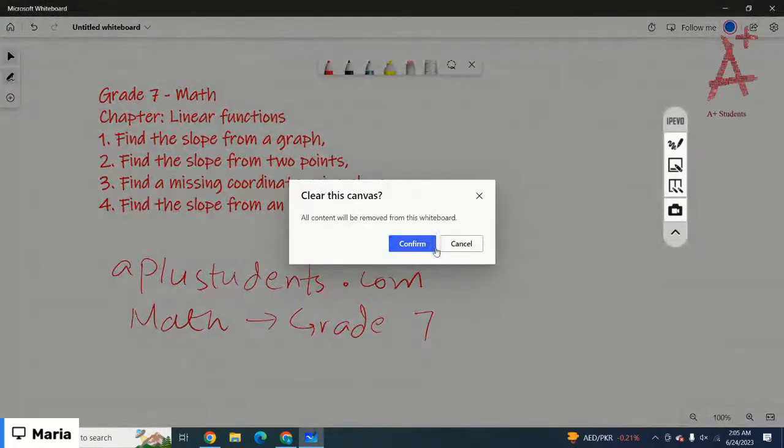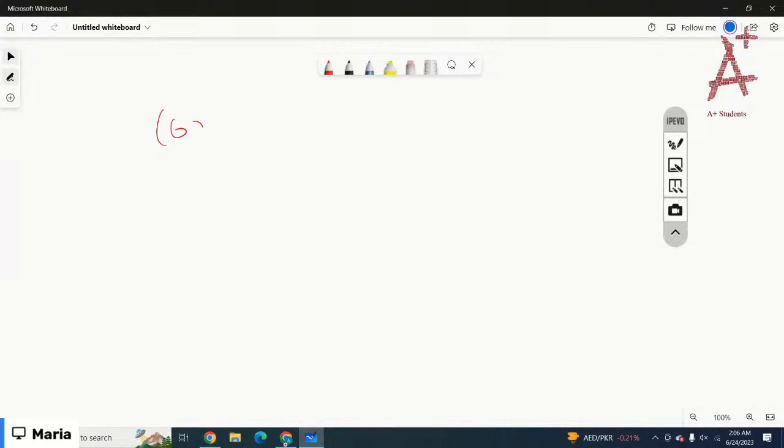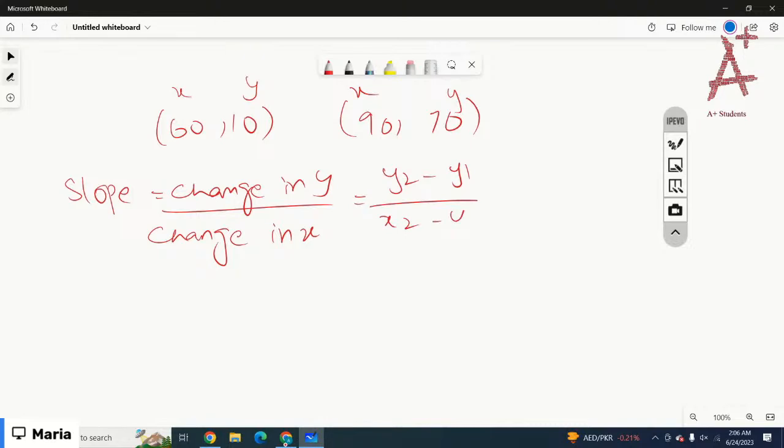The coordinates are 60 and 10, and 90 and 70. So slope is change in y divided by change in x, or you can say y2 minus y1 divided by x2 minus x1.